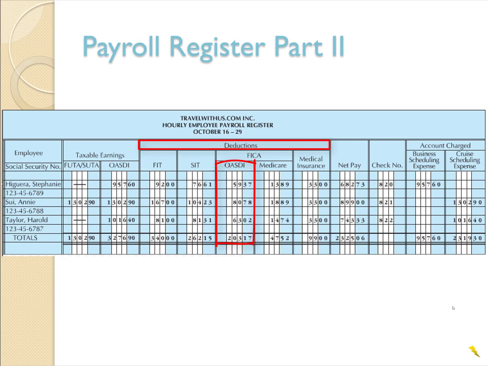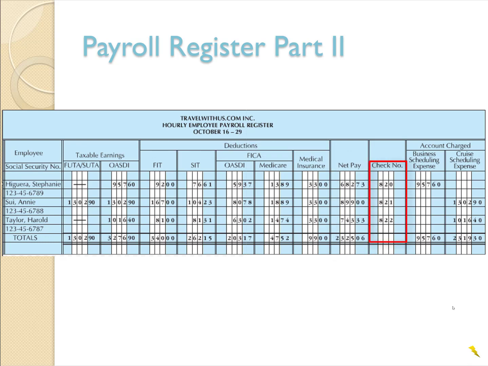Going back to OASDI, the way we calculated that is we took Stephanie's gross and multiplied it by 6.2%. And then we've got a medical insurance column. Looks like everyone pays $33 per pay period. And then we have net pay. Net pay means you're going to take the gross from the previous slide and you're just going to subtract the deductions.